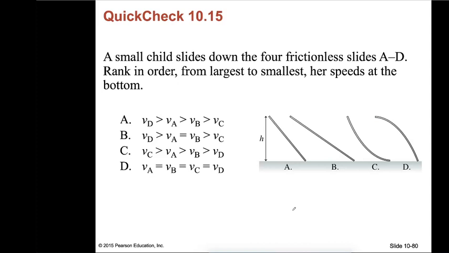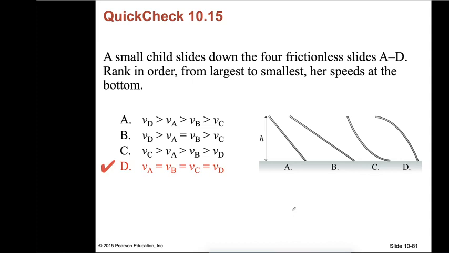Okay, a small child slides down 4 frictionless slides from A to D. So rank in order from largest to smallest her speeds at the bottom. Okay, so which slide may give her the largest speed at the bottom? The answer is D again.